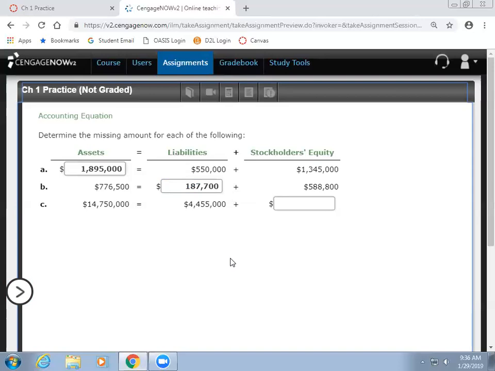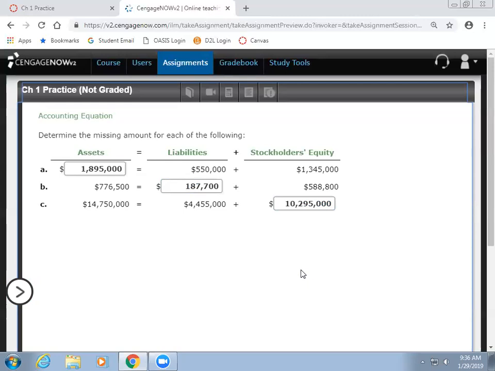And then the last one, you have assets of $14,750,000 and liabilities of $4,455,000. So what would that make my equity? $10,295,000. Very good, $10,295,000. Okay, so again, we just subtract there.